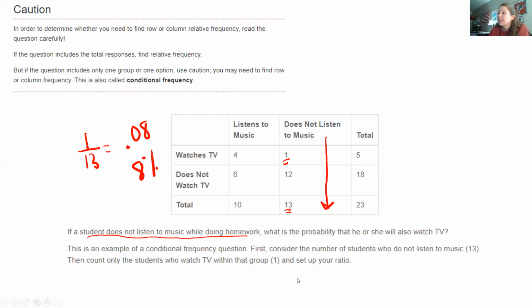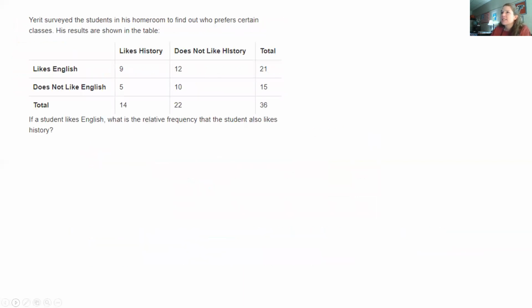Okay, so it says first consider the number of students who do not listen to music, which is 13, and then only the students who watch TV within that group. All right, hopefully you guys understand that. So we're still finding conditional frequency, but this time it didn't tell us we were looking for column frequency. All right, so let's look at the next one.